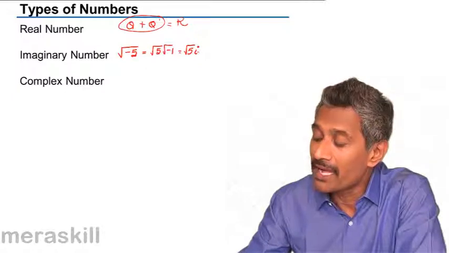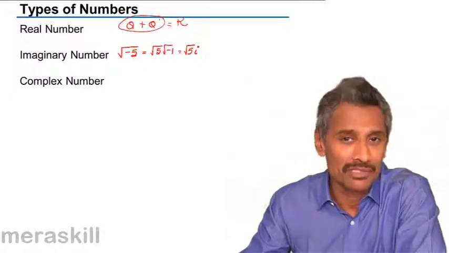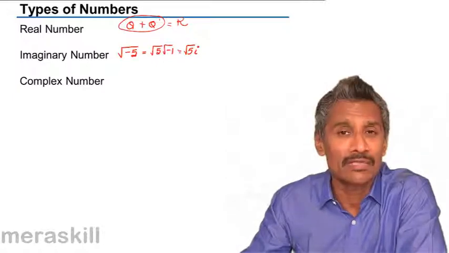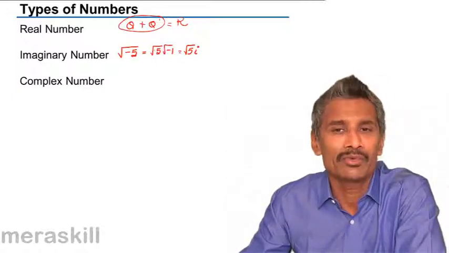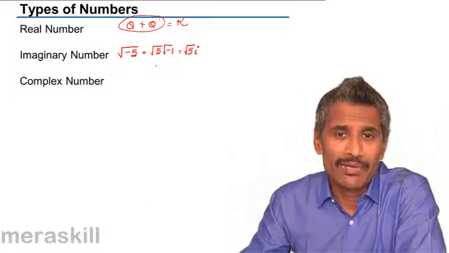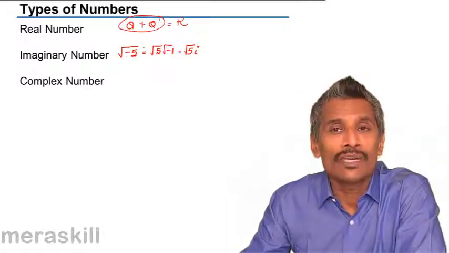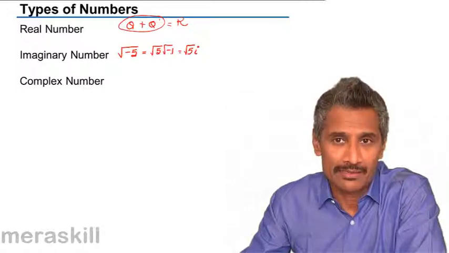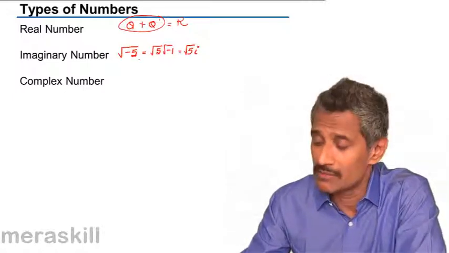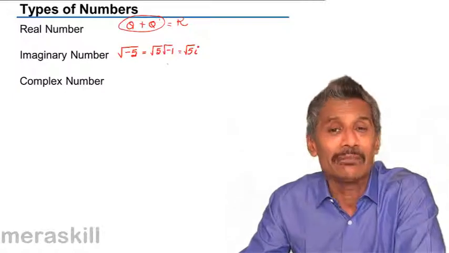So root 5i is an imaginary number, because such a number does not exist in the set of real numbers, because the moment you square a number, it becomes negative. Hence, equivalently, the square root of a negative number does not exist in the set of real numbers. So if you come across such a number, we call it an imaginary number.